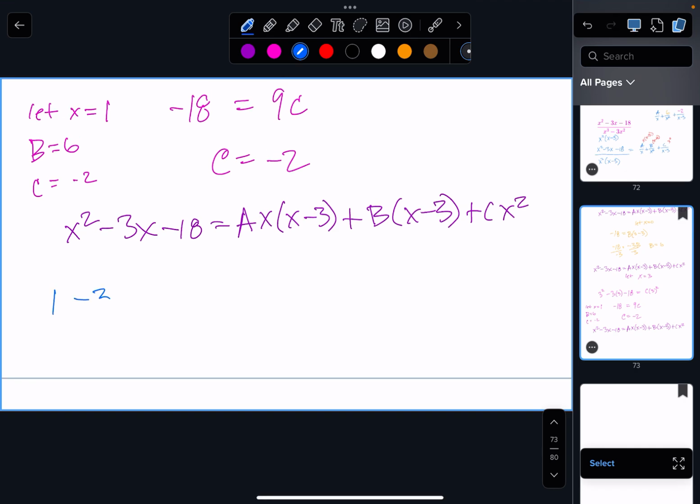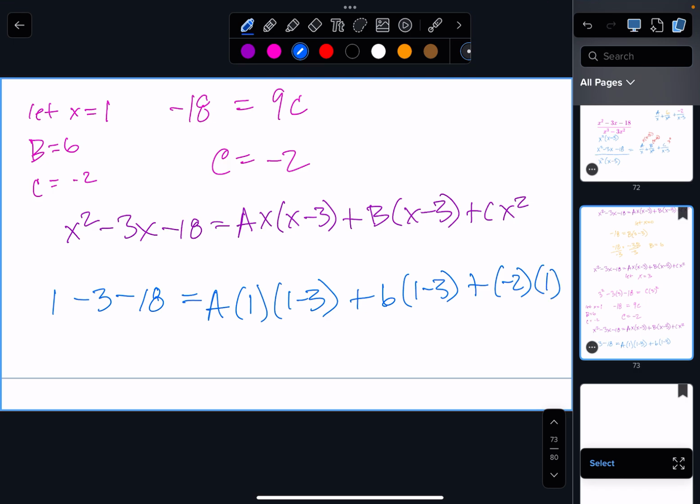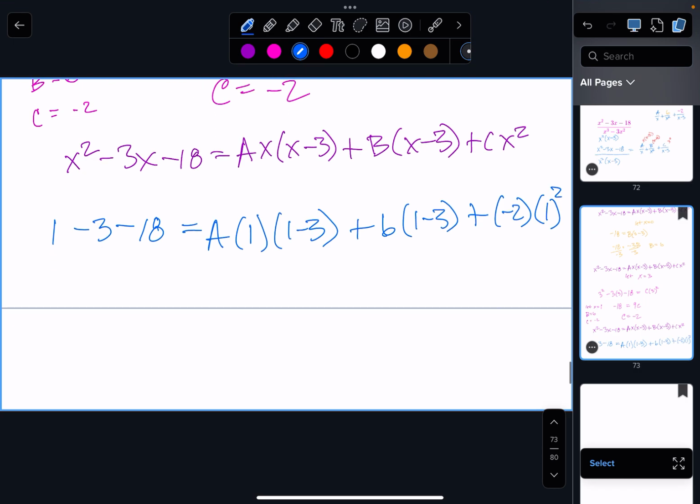1 minus 3 minus 18 equals A times... Oh, we don't know A. Equals A times 1 minus 3 plus B is 6 times 1 minus 3 plus C is negative 2 times 1 squared. 1 minus 3 minus 18, is that 20?